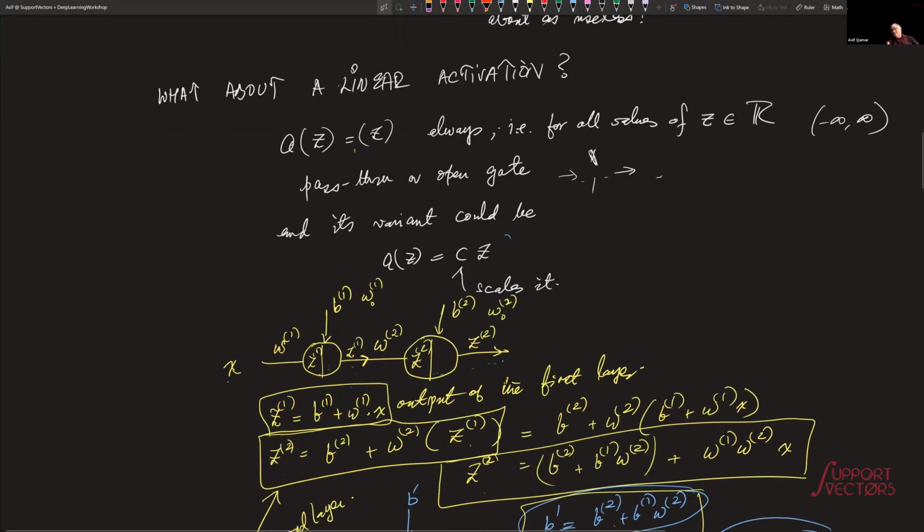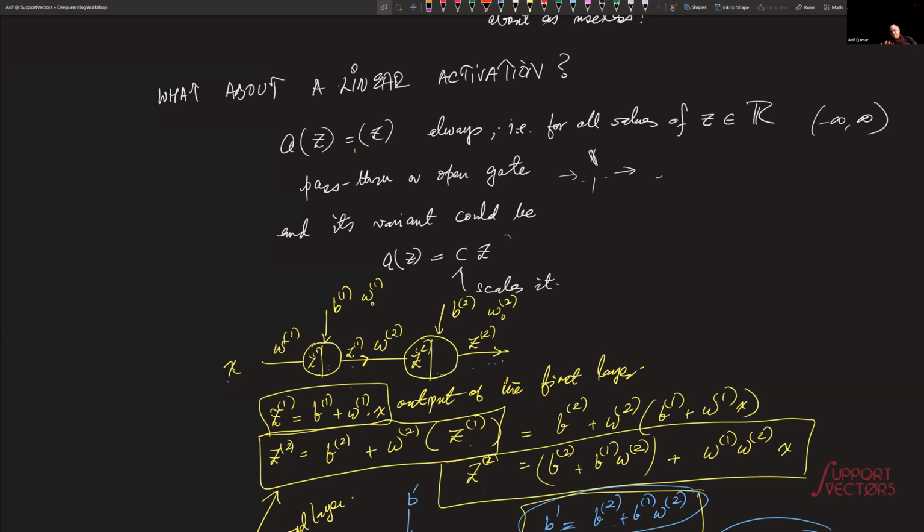And when you have a single neuron, as you remember, the single neuron with a pass-through activation, linear activation, is nothing but linear regression. Right? It is the equation of linear regression. And linear regression, as we remember from our ML 100 and 200, it just captures a hyperplane. Right?